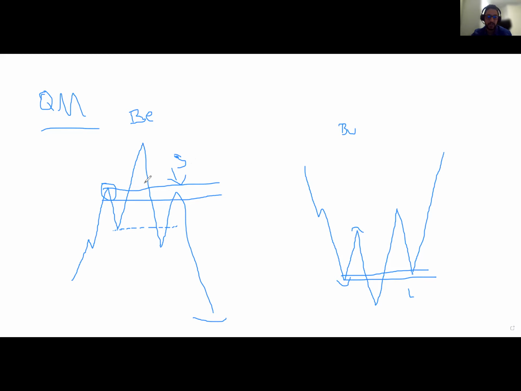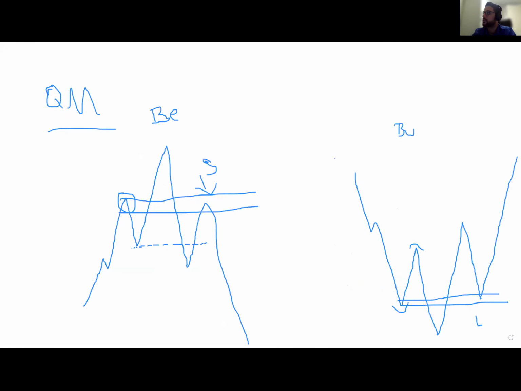So we were talking about this. This is a QM pattern, and in today's session we're going to talk about some details of it, how we can read the chart properly. All right, so let me share my screen again.